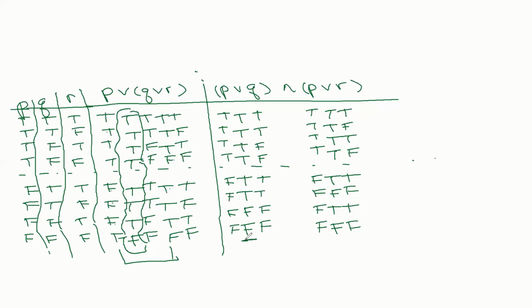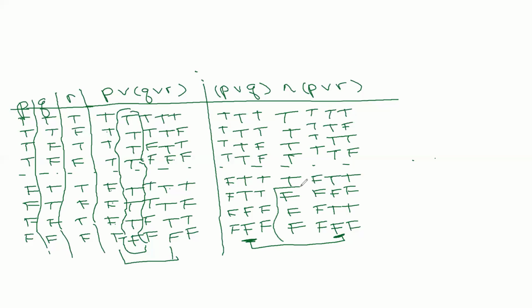Okay, so now we're going to combine this or column with this or column using and. So we need them both to be true to be true. If we have a false, it's false. So true and true, true, and so on, down to true and false, false, false and true, false, false and false, false.